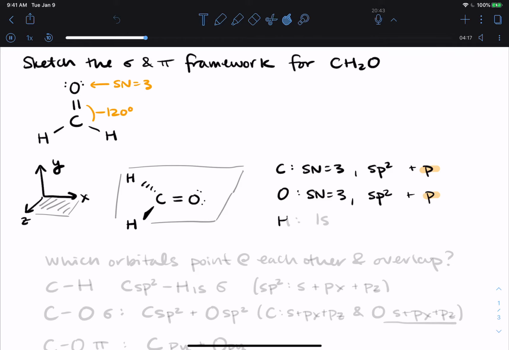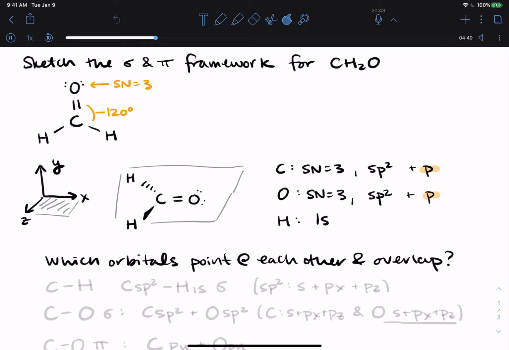And then hydrogen, it just has the 1s orbital. It's not hybridized because we only have that one orbital to work with. All right. So the next question is which orbitals point at each other and overlap? Because this is what we need to make bonds.